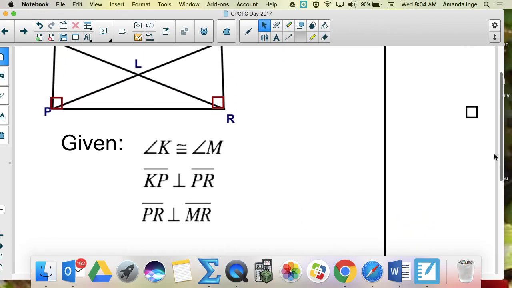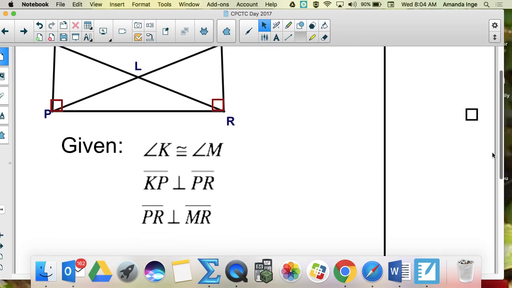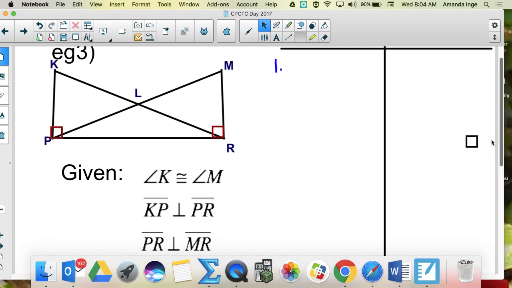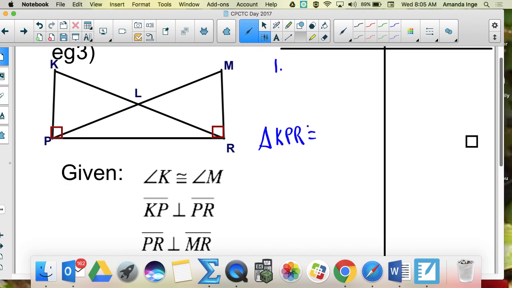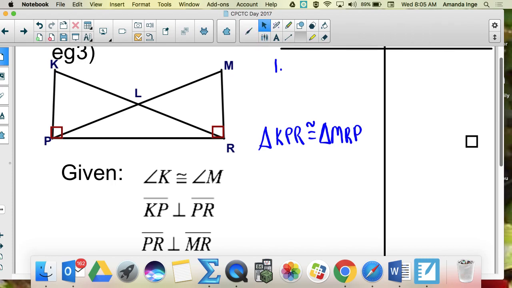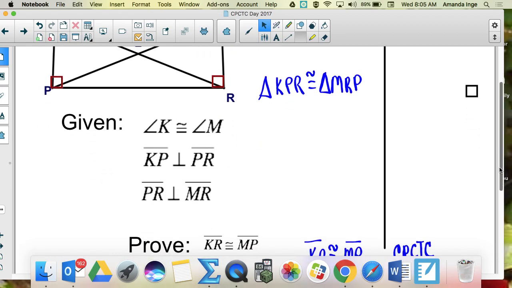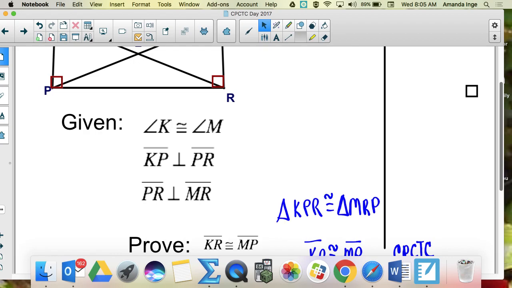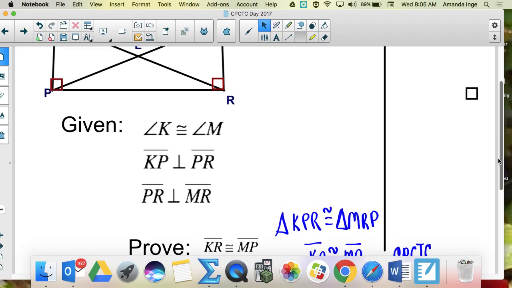So we'll go back up here and look at our two triangles. We'd have to say that triangle KPR is congruent to triangle MRP. We'd have to say that first. We don't know what reason, but we would have to say that first.